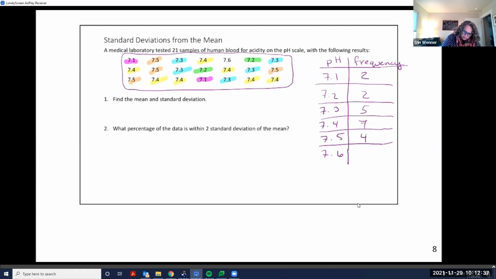And then we can see there's 1 remaining, 7.6. So there's our frequency for this. Now go ahead and find the standard deviation and the mean and send me your answer in a direct message.